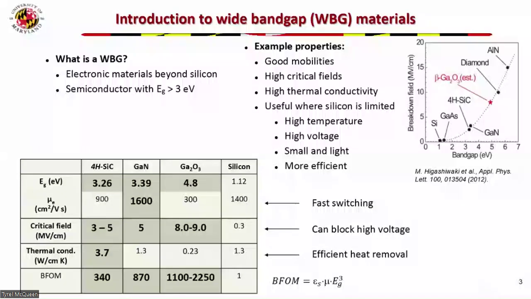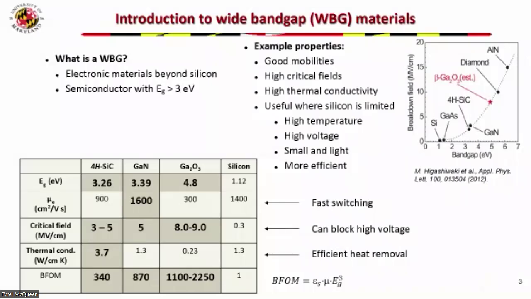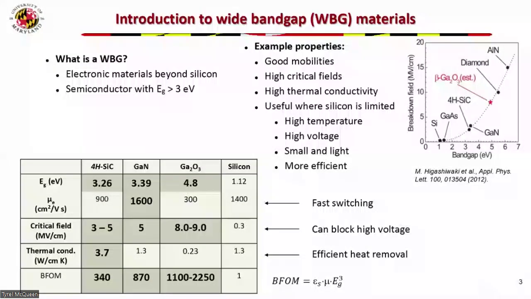And also we want them to have a high, well, I always forget what this is, the Baliga figure of merit. There are several figures of merit that have been defined for these wide gap materials. This definition in particular is typically used for electronic devices.